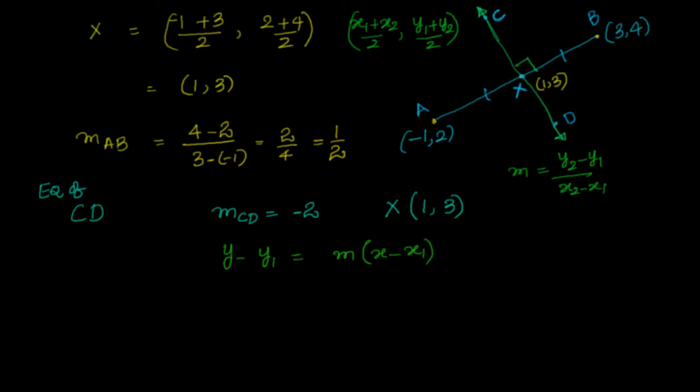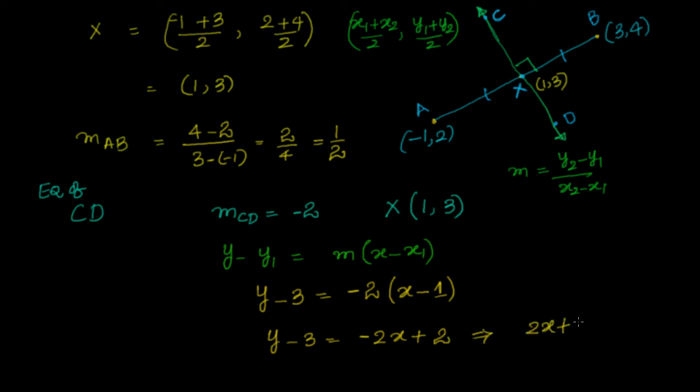Now y1 is equal to 3, m is -2, x1 is 1. So simplify this: y minus 3 equal to minus 2x plus 2, or 2x plus y minus 5 equal to 0. So the equation of the perpendicular bisector is 2x plus y minus 5 equal to 0.